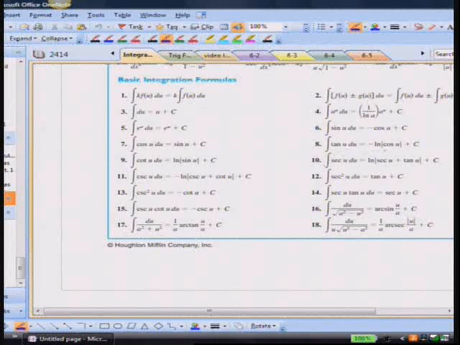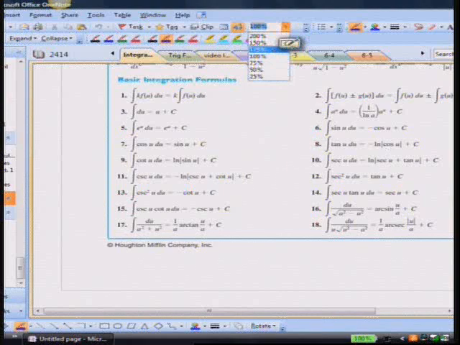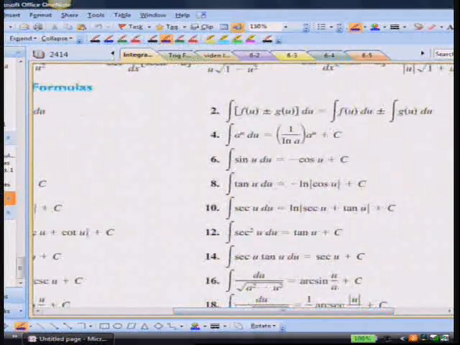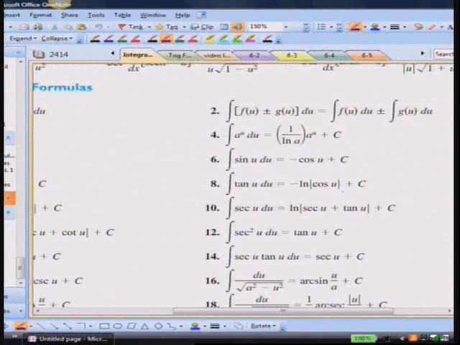It is negative ln cosine u. I don't know if you can read that. The antiderivative of the tangent is negative ln cosine. But just because we're in this section, I can actually prove that to you right now.